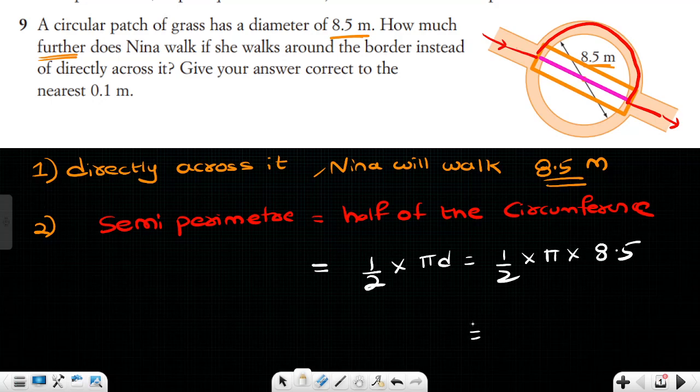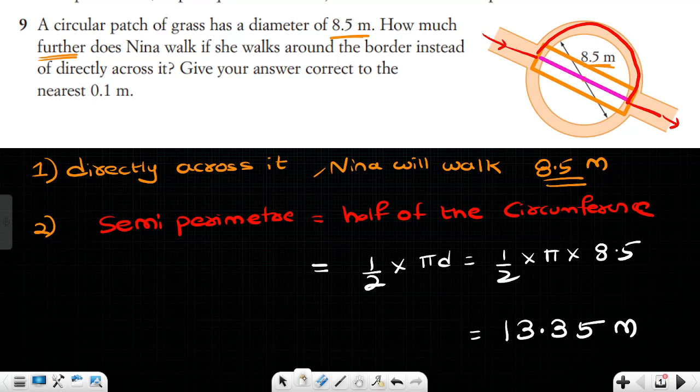Let me bring my calculator. 0.5 into pi into 8.5. I'm getting this length as 13.35 meters approximately.